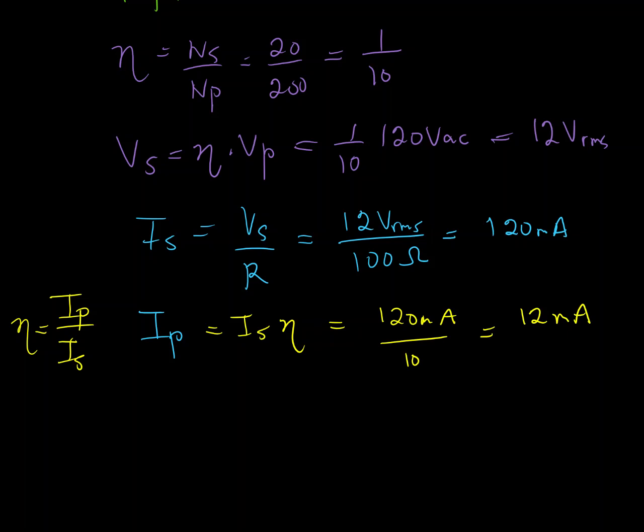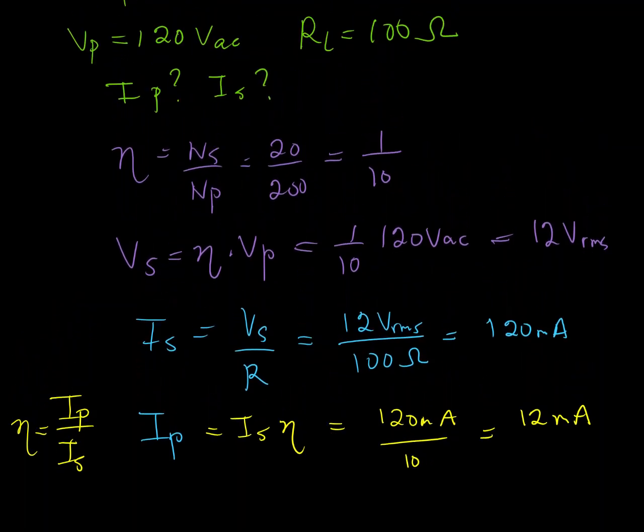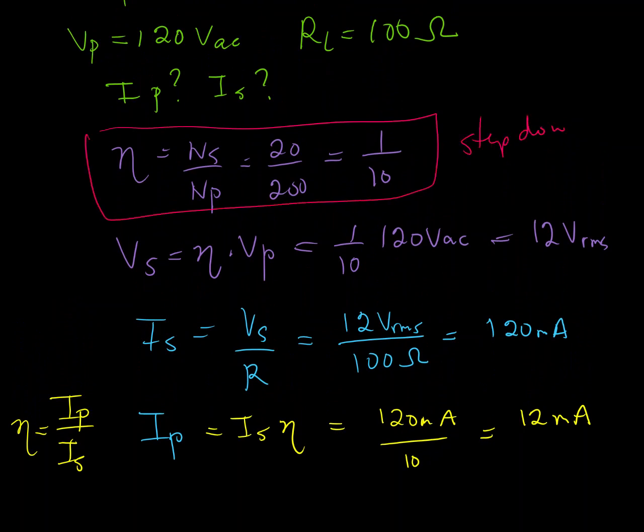So what we saw here was that the turns ratio was 1 over 10, so this means this was a step down transformer when we're talking about the voltage, which we are, so we call it a step down.